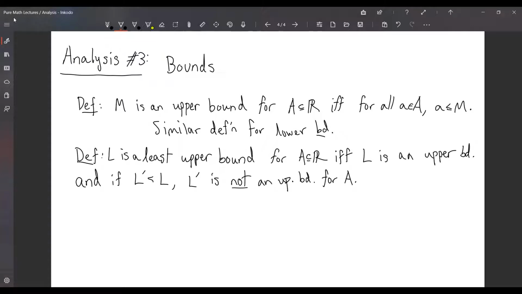If anything is less than it, it is not an upper bound, and therefore it is the least upper bound.